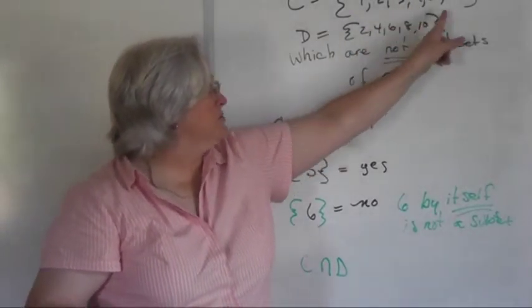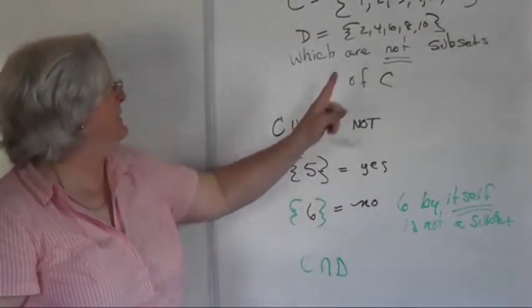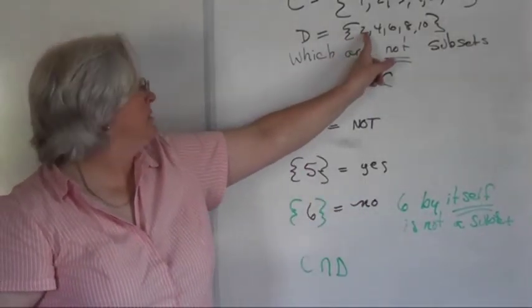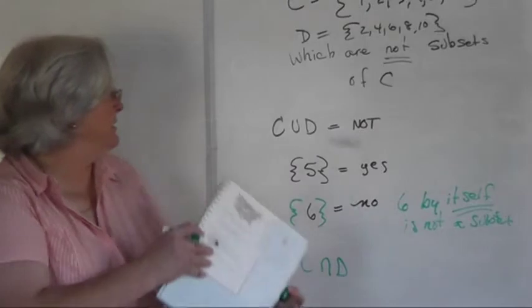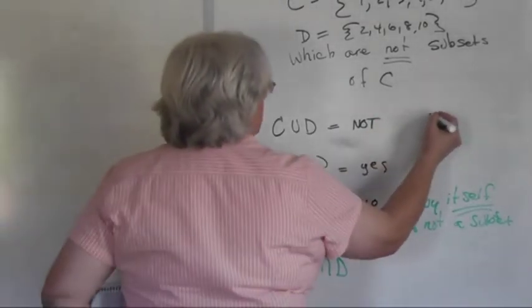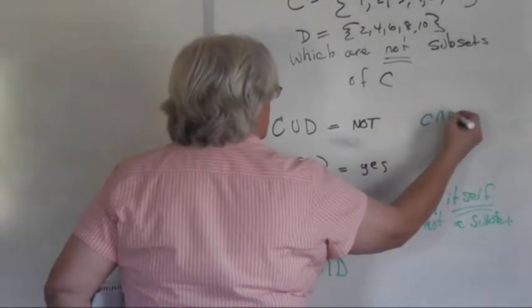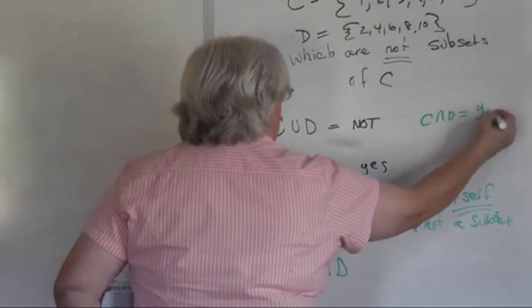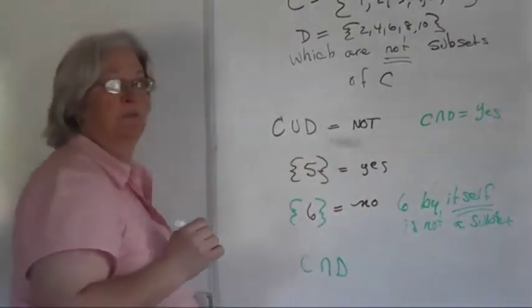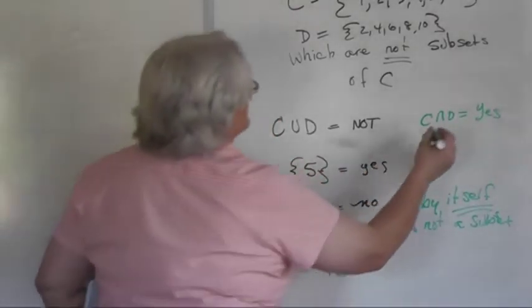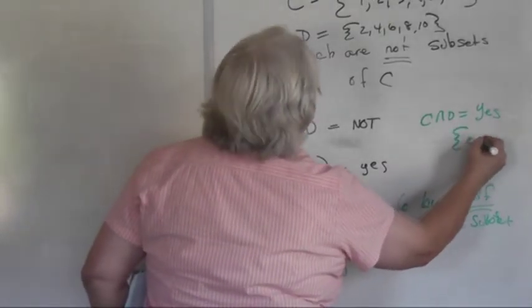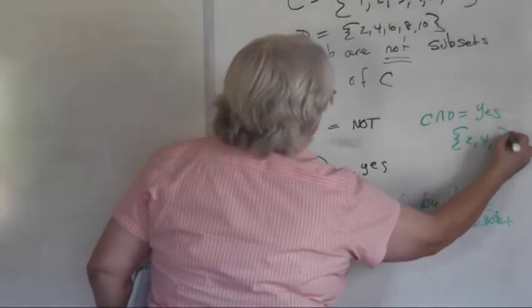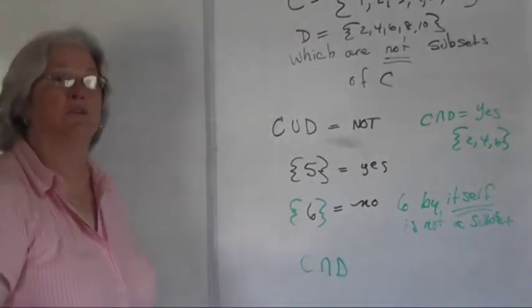So you have that new set, which would be the set that contains the elements 2, 4, and 6. So yes, the set defined by the intersection of C and D would be a subset, written as the set that contains the elements 2, 4, and 6.